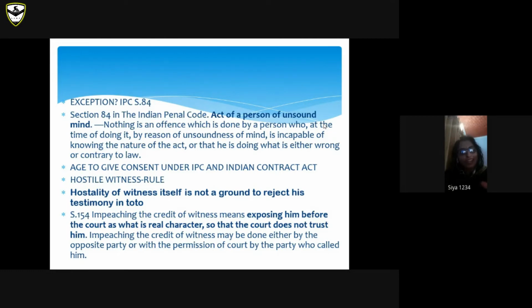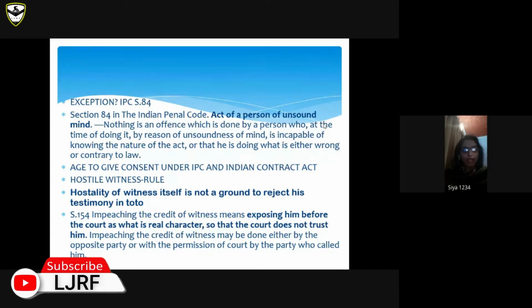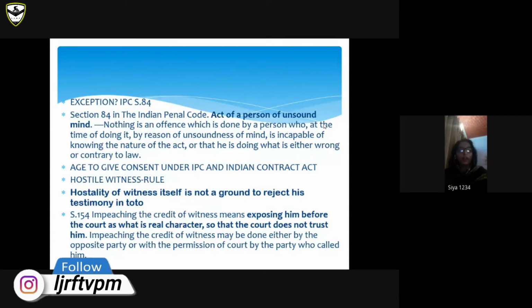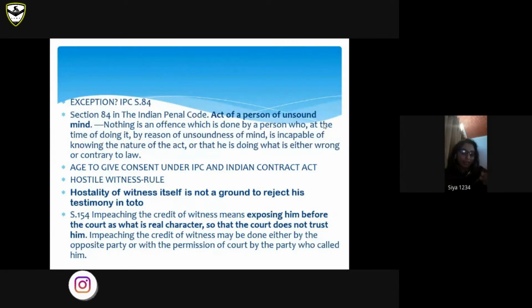Though we say that ignorance of law is no excuse, there is a slight deviation when it comes to section 84. In sum and substance, both of these are the same, because a madman can understand what is right, what is the difference between supporting law or going against it. But still, there is a slight deviation. If a person is unable to know that what he is doing is against law because of his madness, then it is considered an exception. Okay?